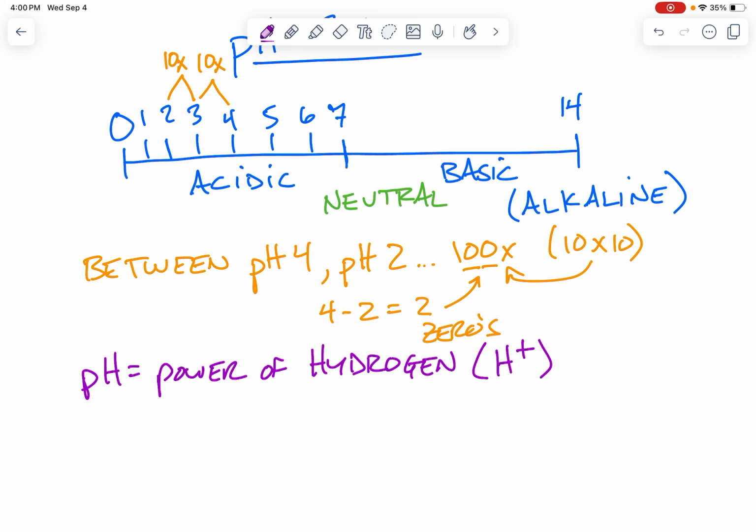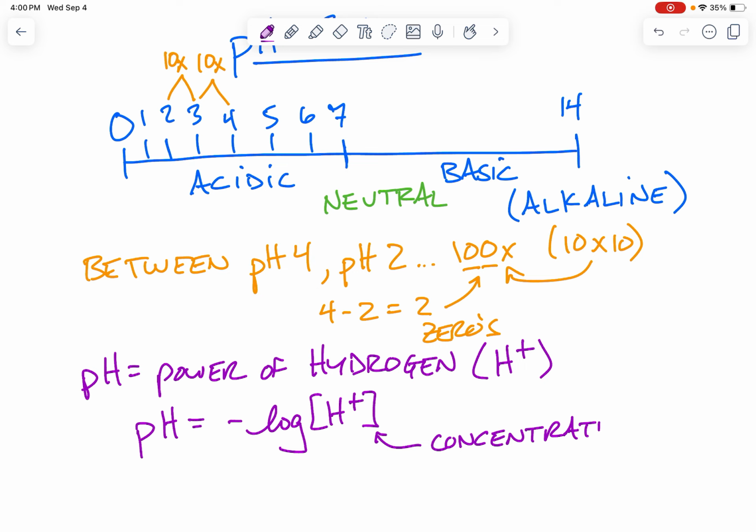And what that is representing is the concentration of the H+ that we have in our water sample. If we're going to numerically calculate it, this is the formula. You take the negative log of the concentration of the hydrogen ion. These brackets mean concentration. We'll learn probably later in the year that concentration is in something called molarity.